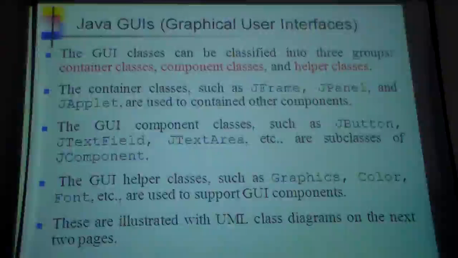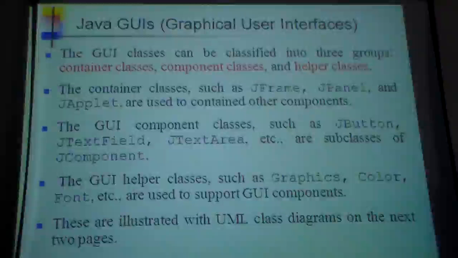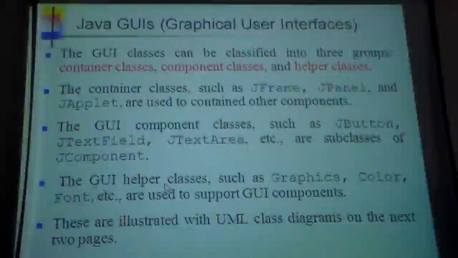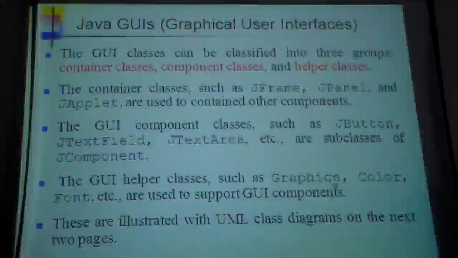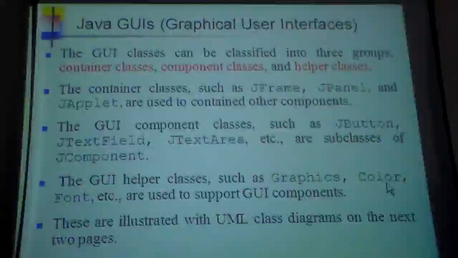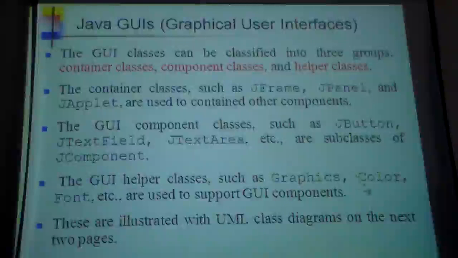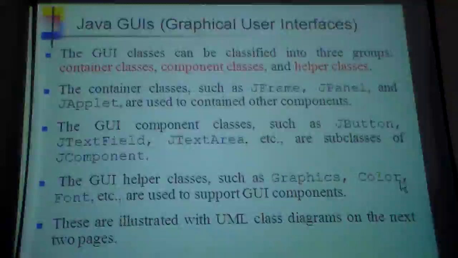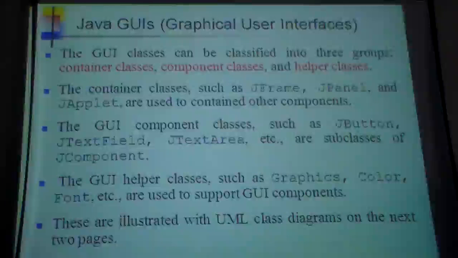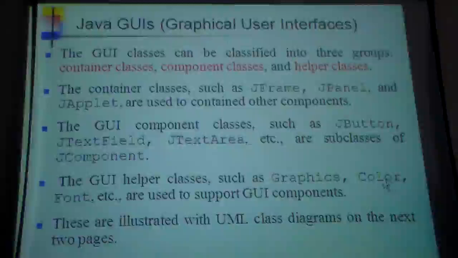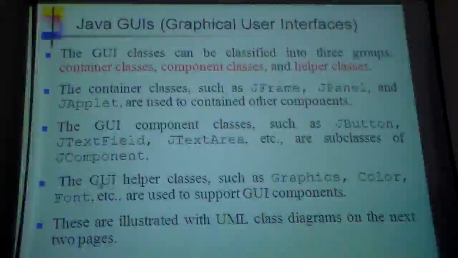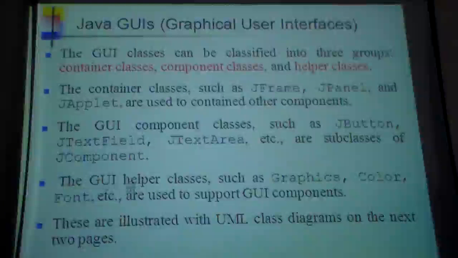Swing is a library or package that extends Java with new things. A helper has Graphics, and if you want to draw something or a line, you can use this class. Also Color: if you want to draw this line or figure with color, you can select any color and introduce the Color class to your program, or Font. This is also included in the helper classes.